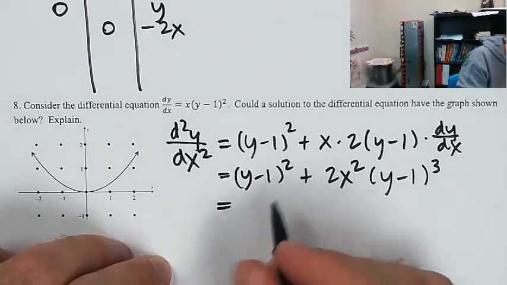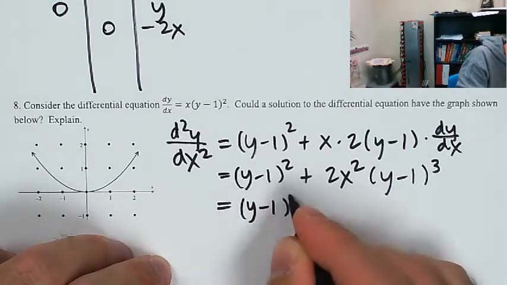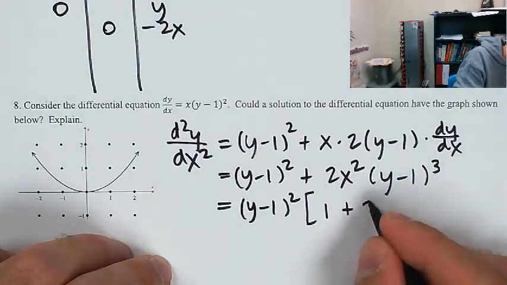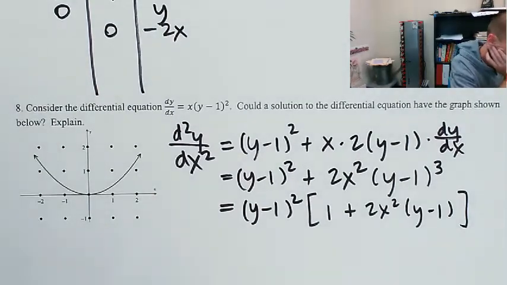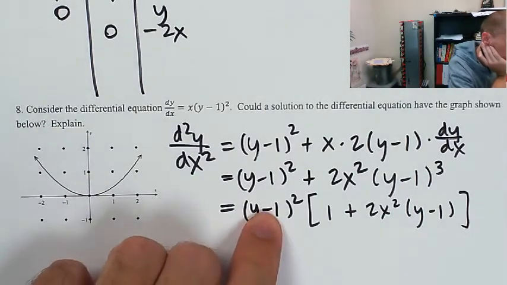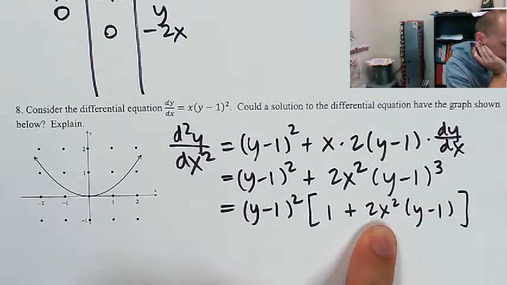I'm going to factor out 2 powers of y minus 1. Now I'll be left with 1 plus 2x squared times y minus 1. And let's see, at the origin, I should have 1 times 1 plus 0. That would be a second derivative of 1.